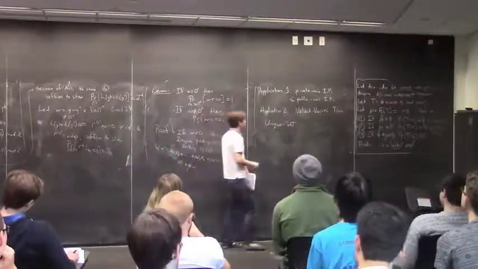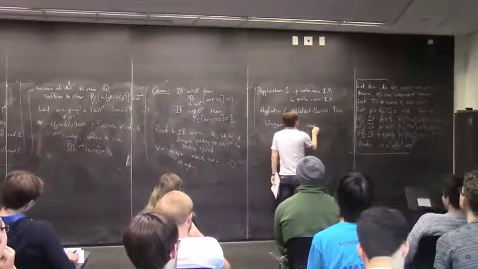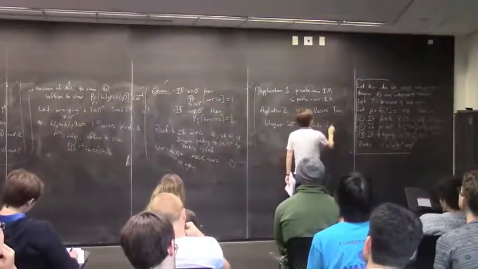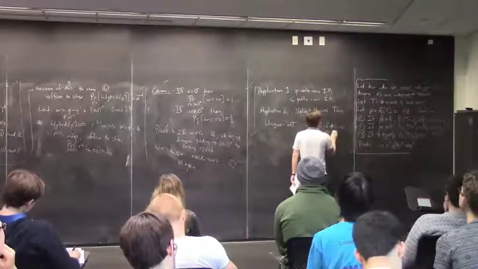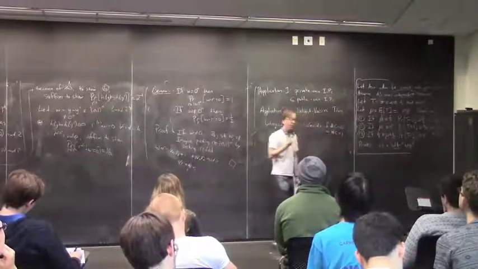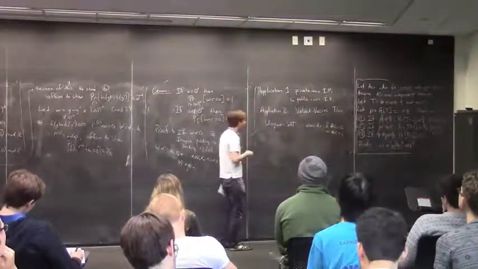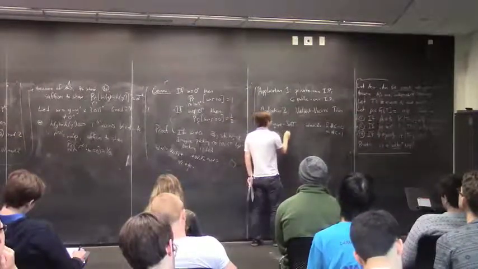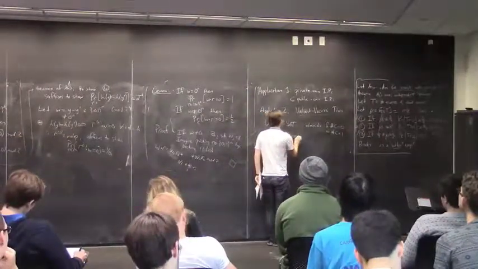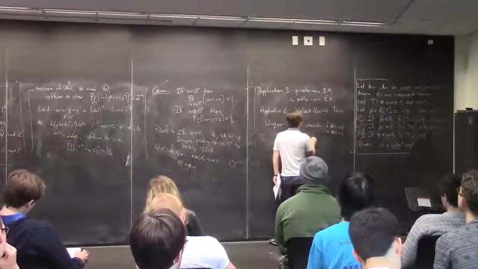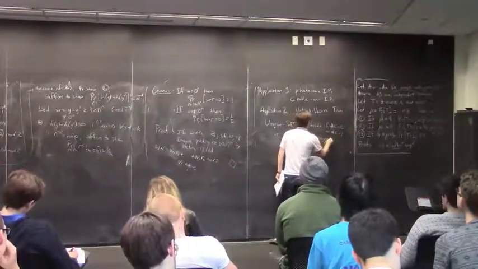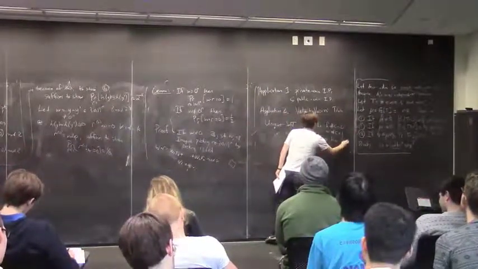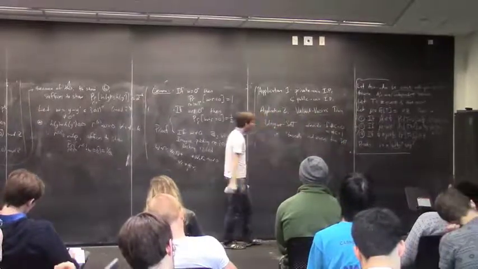So it says unique SAT, basically deciding if #C equals 0 or #C equals 1, where you're promised one of these two is the case, is basically not easier than SAT. It's probably just as hard as the general case.